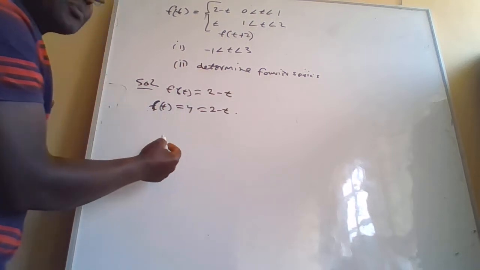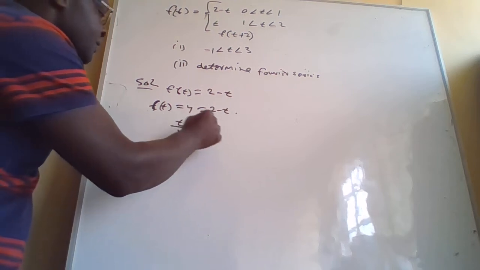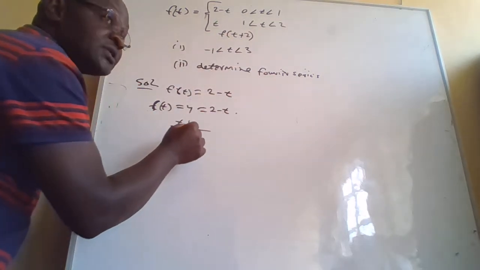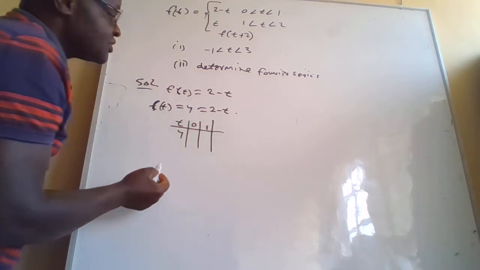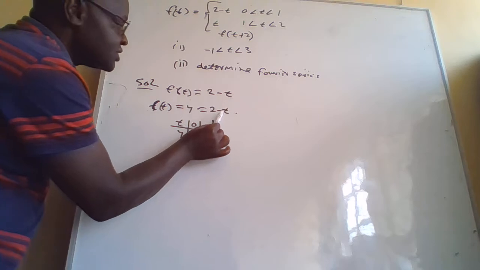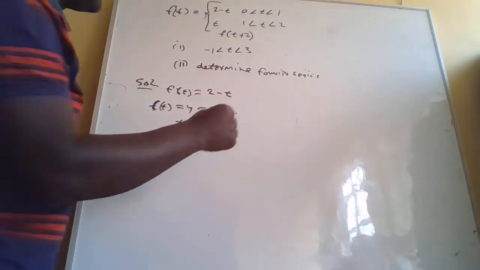We can create a table here so that we have the value of t and then y from 0 to 1. So when t is 0, y will be 2. When t is 1, 2 minus 1, y will be 1.